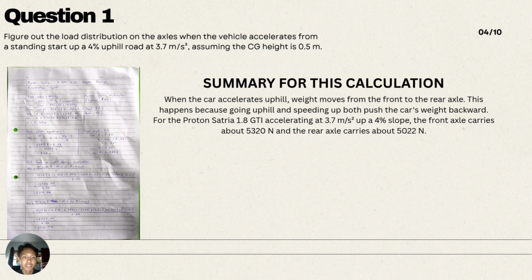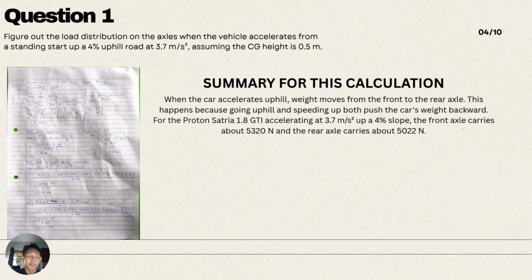The next step is the slope angle. A 4% slope means for every 100 meters forward, the road rises 4 meters. So for the slope angle, we use the basic formula, arctan, and we get the answer, which is 2.229 degrees.